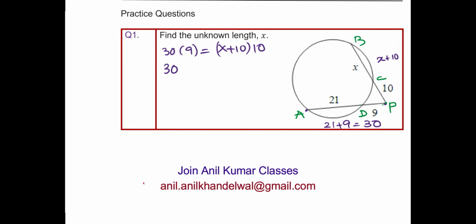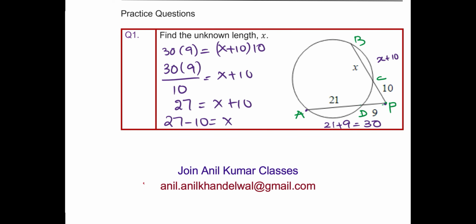So we get 30 times 9 divided by 10 equals X plus 10, which is 3 times 9, 27 equals X plus 10, or we have 27 minus 10 is equal to X, and that is 17. Correct? So we simplified it and got our answer. So the value of X is 17. That is how you're going to solve it.